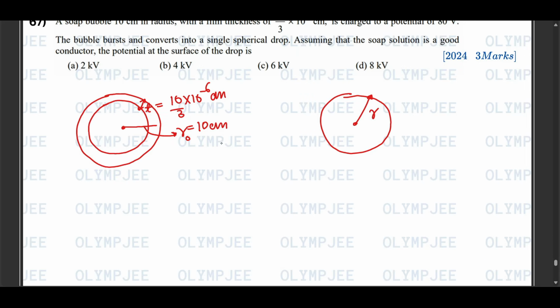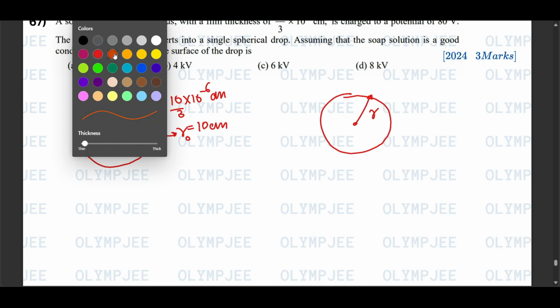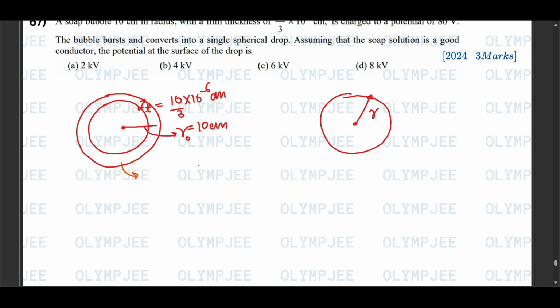So the volume of this can be assumed as a sphere till radius r naught, and then it has a thickness, so it can be written as the surface area till radius r, and then we can multiply it by thickness. So this is an intuitive way to find the volume.